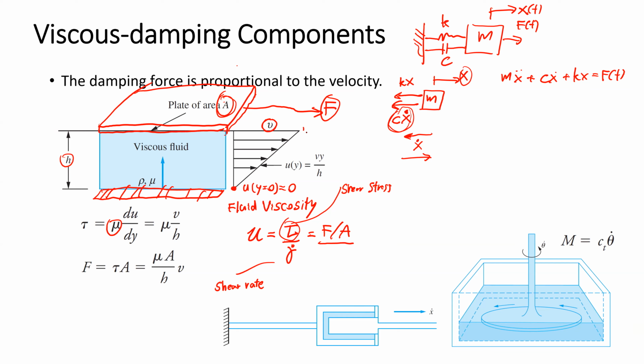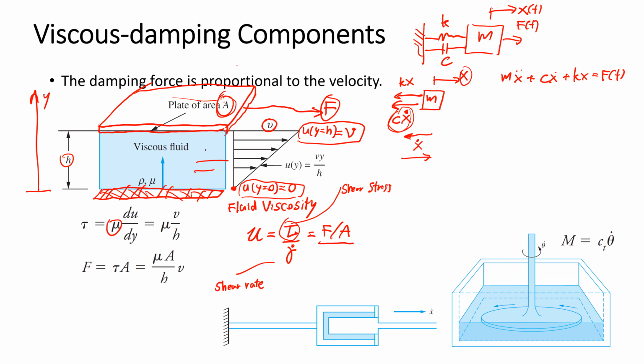The velocity when y equal to h is equal to v of the plate. On the bottom surface, fluid velocity is 0. On the top surface, the fluid has the velocity equal to the velocity of the plate.